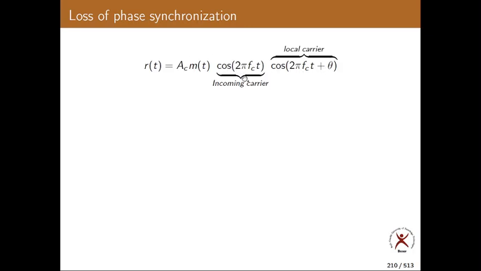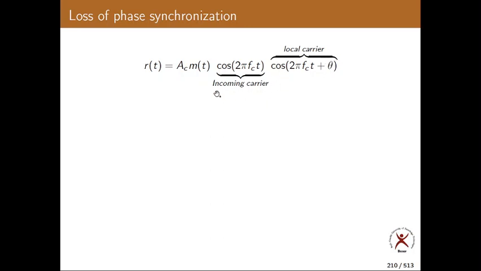Now I have taken two carriers with some phase difference. This carrier is used to modulate the signal. What is the phase here? 0. Here the local carrier, which means the carrier used to demodulate the signal, has some phase of theta.